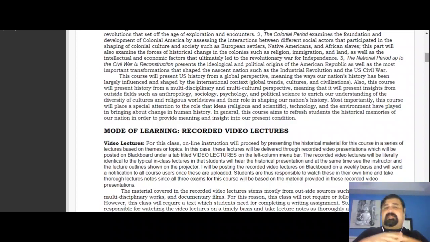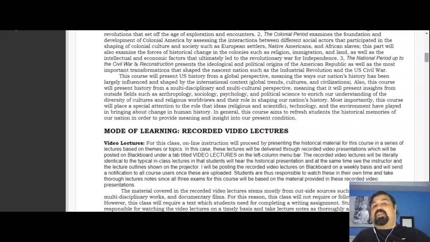And again, across the semester, I'm going to be placing strong emphasis on the role of ideas, how ideas produce change whenever there's new knowledge, whenever there's new scientific discoveries. People change the way they live, because that knowledge is going to create new technologies, for example, new tools for survival, to do work, and so on and so forth.